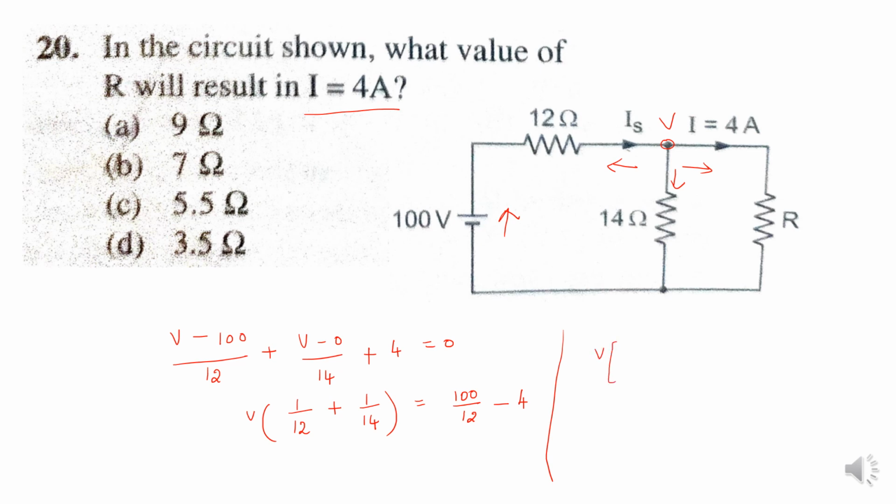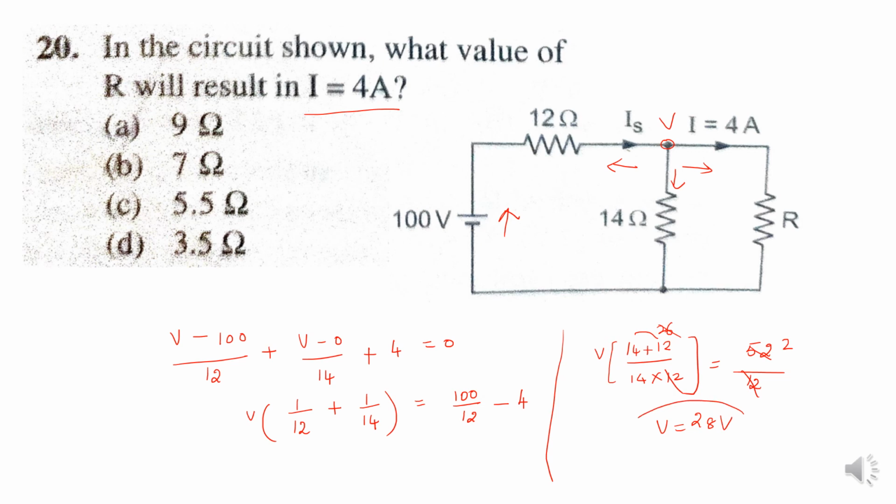So V into (14 plus 12) by (14 into 12) is equal to 48, that is 52 by 12. Both the 12s get cancelled. 26, here 2. What is the answer? V is equal to 28 volt.